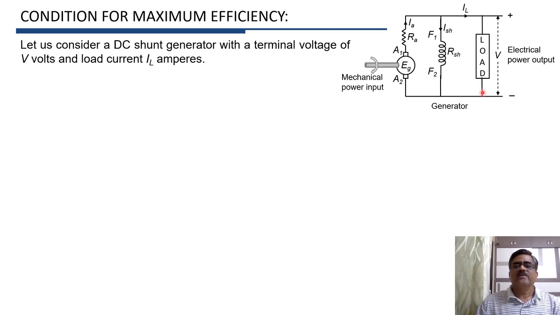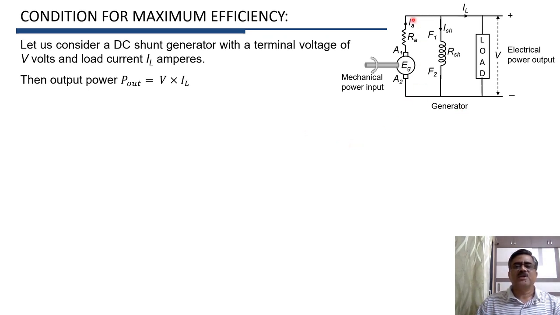Now here the output power of generator will be equal to V into IL, because terminal voltage of generator is V volts and current drawn by load is IL amperes, and therefore P out, that is output power, is equal to V into IL. Now here there are two types of losses, constant and variable.